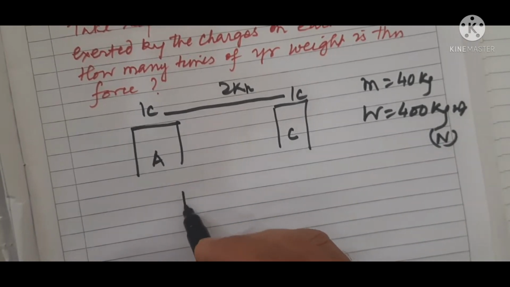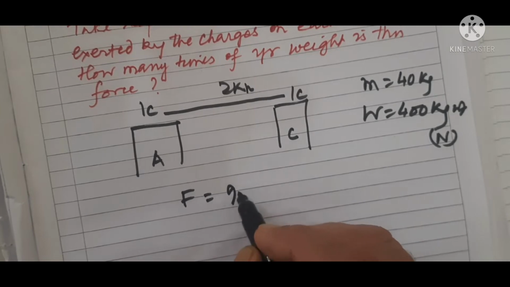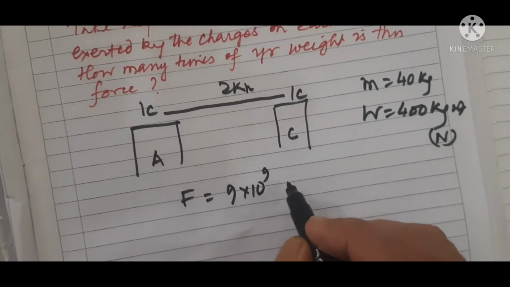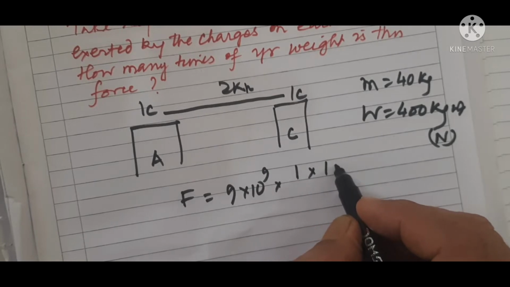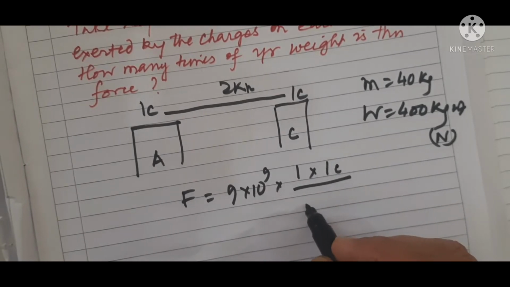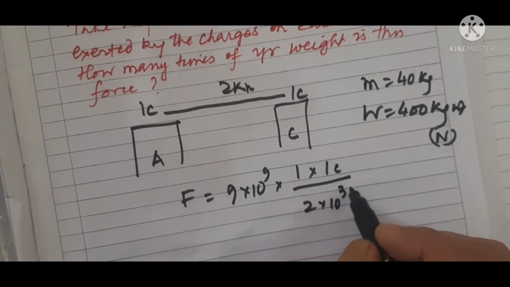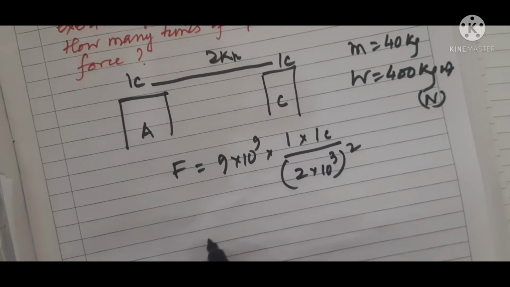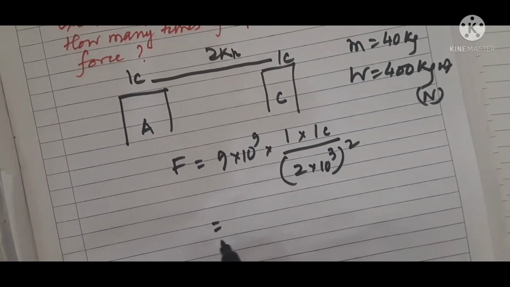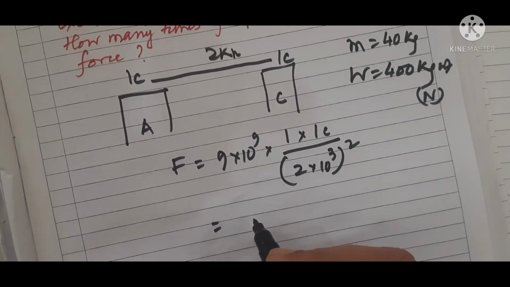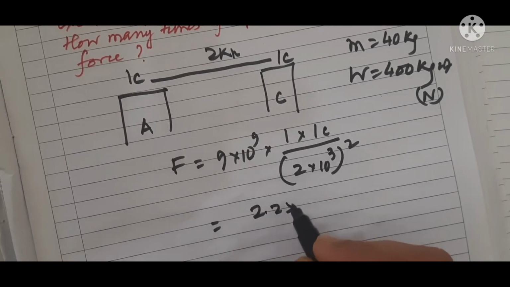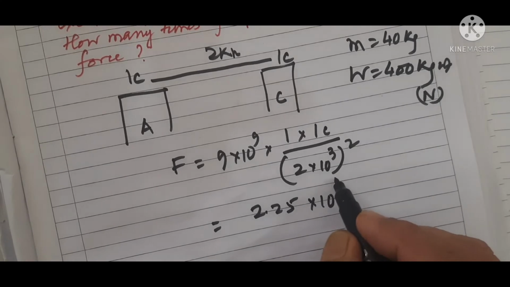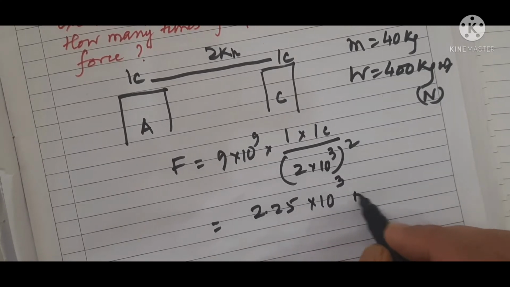Now the force: 9 into 10 to the power 9 means K, 1 coulomb into 1 coulomb by 2 kilometer means 2 into 10 to the power 3, the square. So how much will be this particular force? If you calculate, you will find it is around 2.25 into 10 to the power 3 Newton.